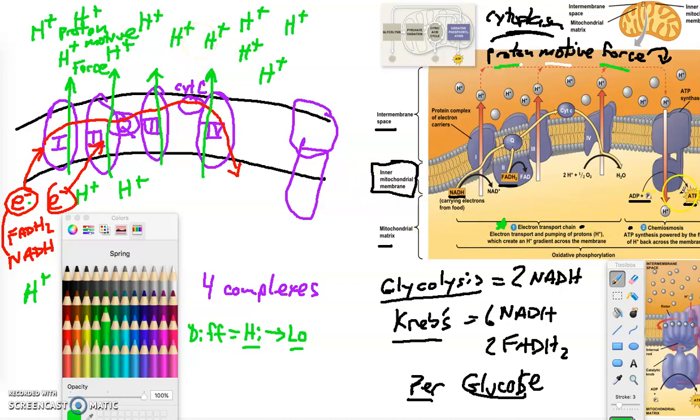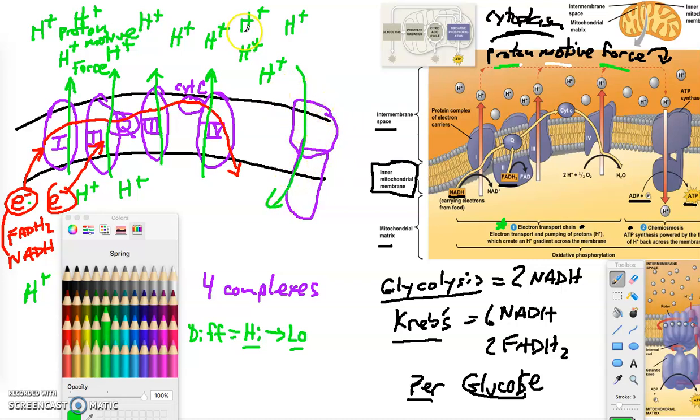Now we'll take a look just briefly at the chemiosmosis, and what's going to happen here is all those hydrogens are going to move across, and I'll get to this electron here in 1 second. All right, so now all these hydrogens are moving back across, and think of water going through the dam, and they're turning a rotor, or a turbine.